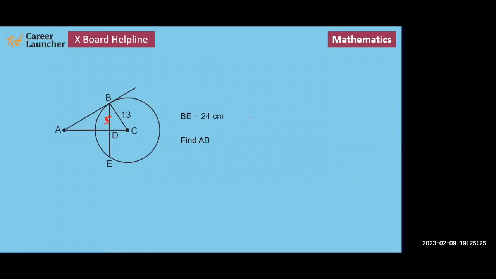By the way, if you are wondering which is the point E, E is the other point of tangency, right? Which means this is the other point of tangency.